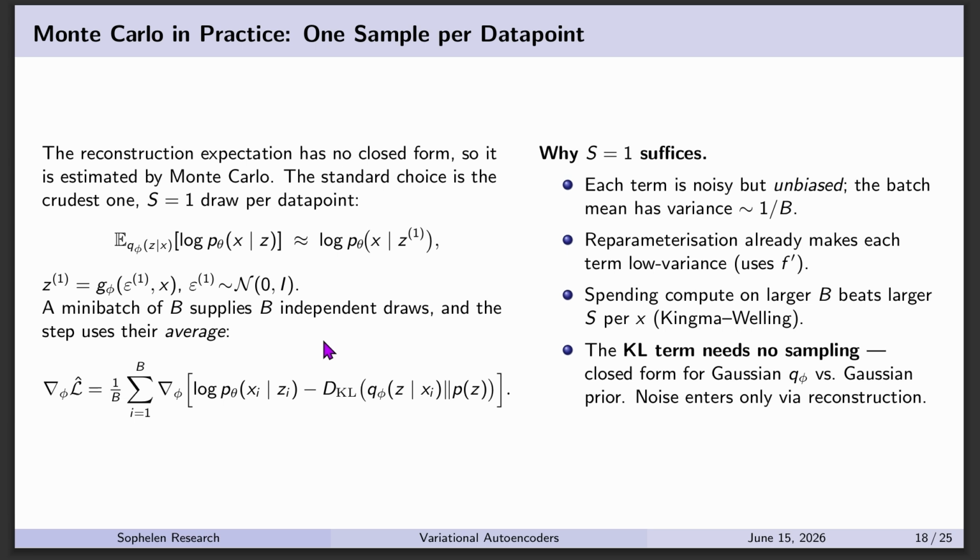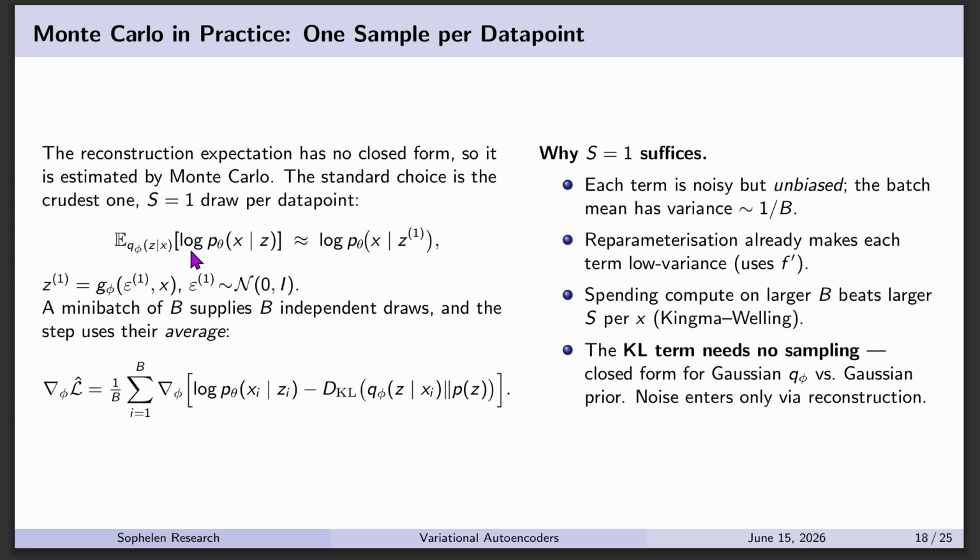Now let's take a quick look at a single step of gradient descent. We take a mini batch of independent draws, so per batch, you have b number of images. Each data point goes to a Gaussian blob, and we want to find out the expected value of this over the entire Gaussian blob. Remember, this is our reconstruction term, and we want to maximize it.